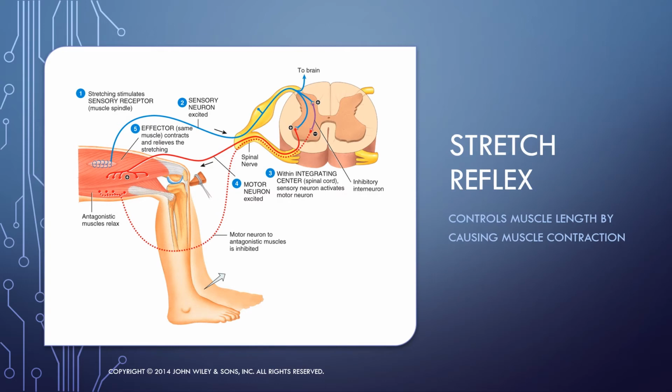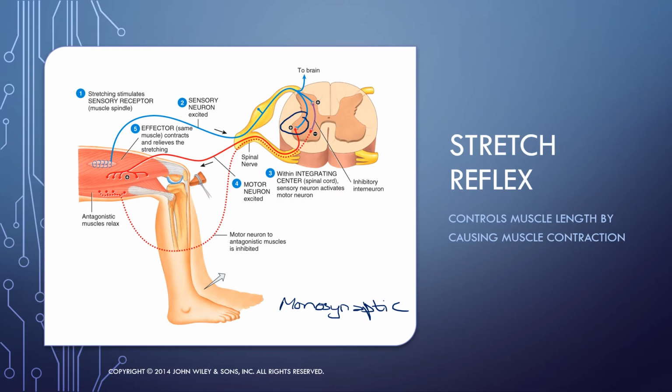So this is the stretch reflex, and this causes contraction of a skeletal muscle in response to stretching of the muscle. This type of reflex occurs by a monosynaptic reflex arc, and you can see that right here. The main arc that we're going to see is this one right here.